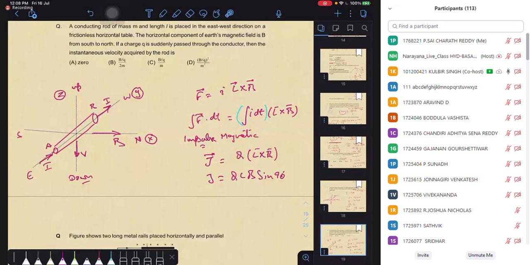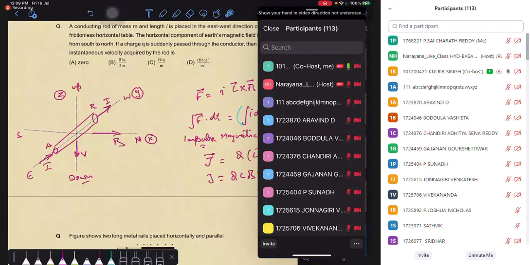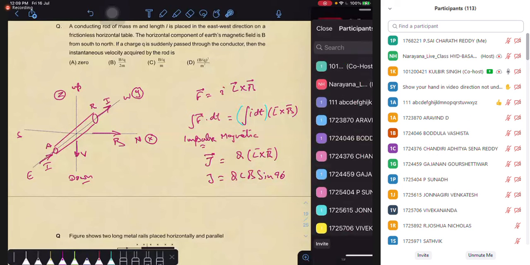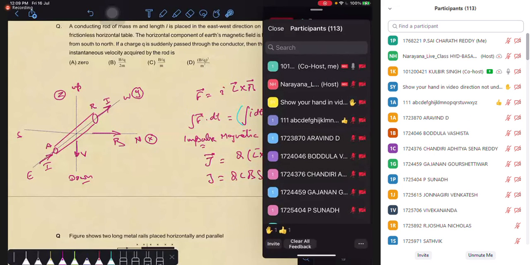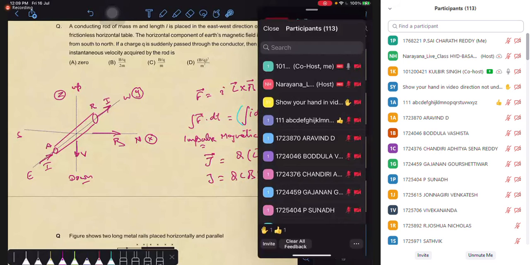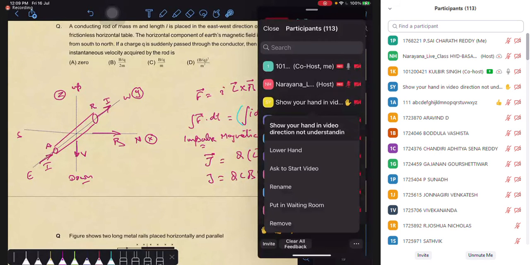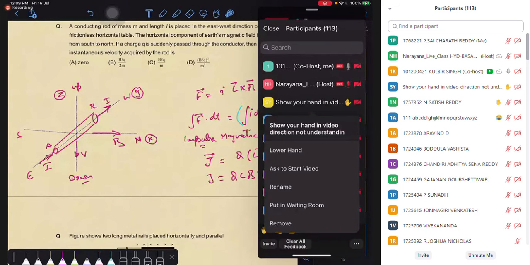Can you see the directions? Does anyone have a doubt in the directions? Show your hand in the video. Not understanding? So you do one thing. Take your finger in the direction of current.